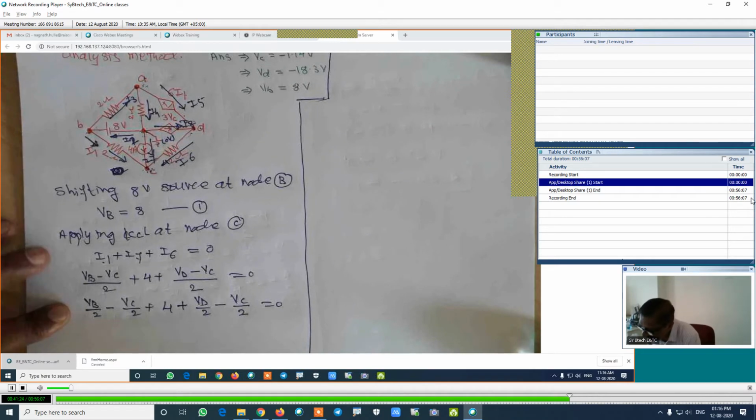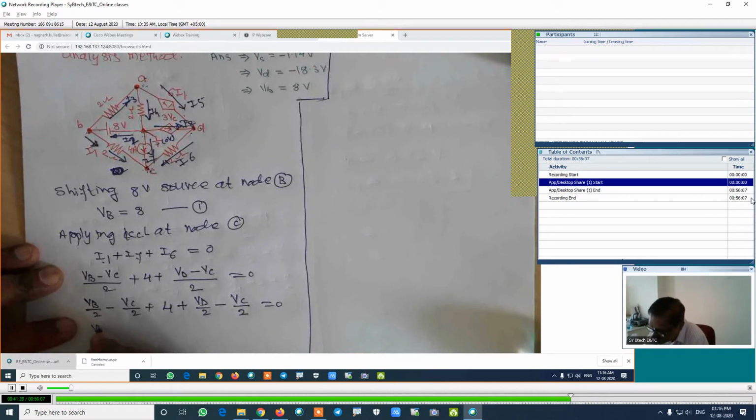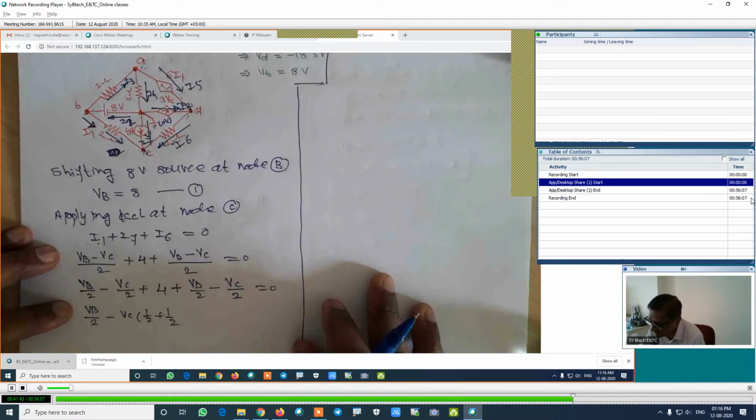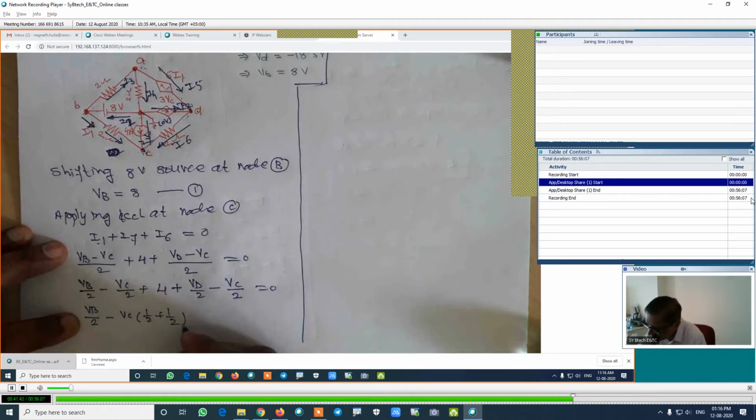In this case, if we are separating the terms, then it will be VB divided by 2 minus VC, I will take it as common, then 1 by 2 plus 1 by 2. Is it right? Plus VD divided by 2, which is equal to minus 4.